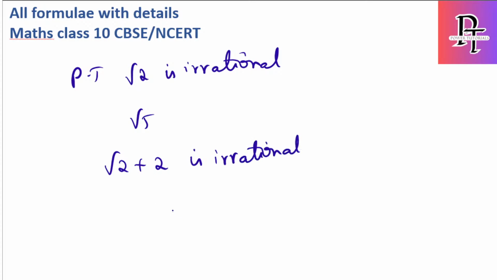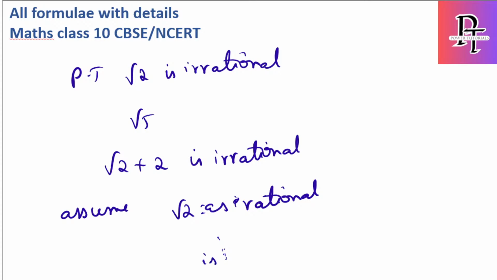First, assume whichever number they provide is rational, then convert it into p by q, do cross multiplication and so on, and finally at the end we prove that our assumption is wrong, so root 2 is not rational, so it is irrational.